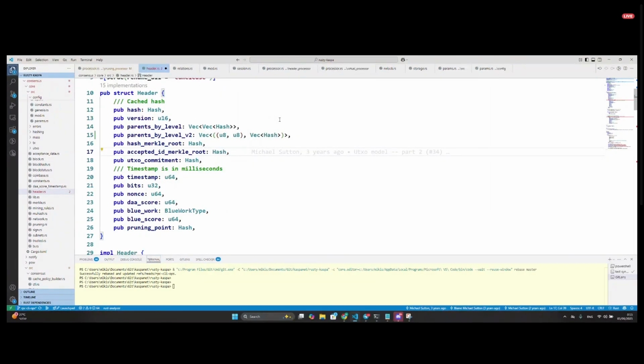If you keep it in memory, it becomes easier because you only need to do the mapping when you serialize and deserialize. But on the other hand, you can do a binary search to find the level, or you can have a compromise where you save an Arc. You can do all kinds of stuff.